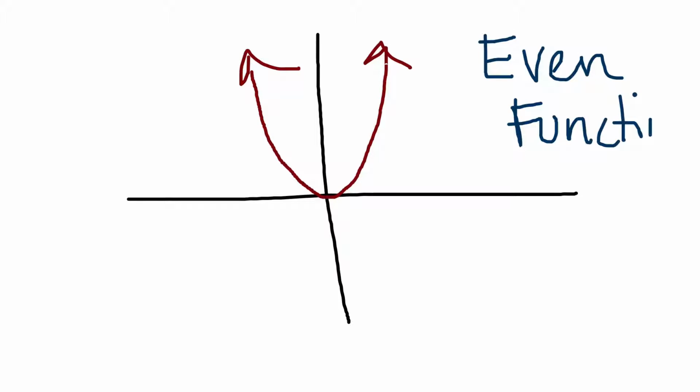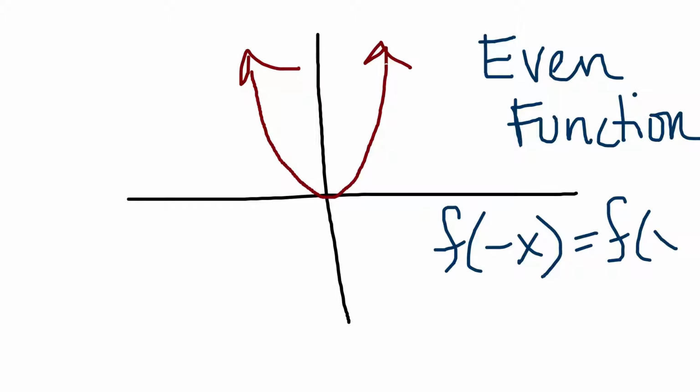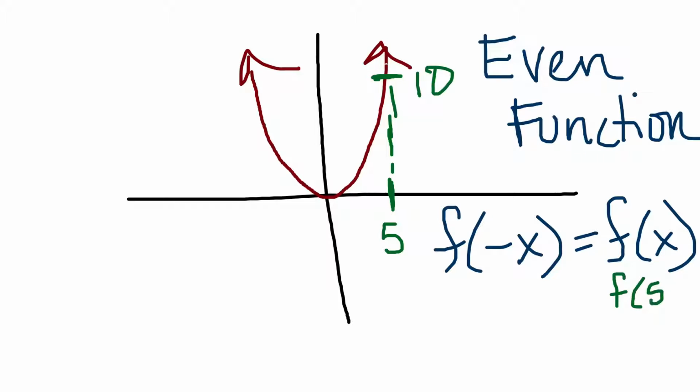Let's see how it actually applies to the formula I was just stating about f of negative x equaling f of x. Let's get some arbitrary values. Let's say this is a 5, and I go up here, and we're just doing an approximation. So let's say I plug in a 5 and I get out a 10. Okay, so f of 5 is going to produce a 10.